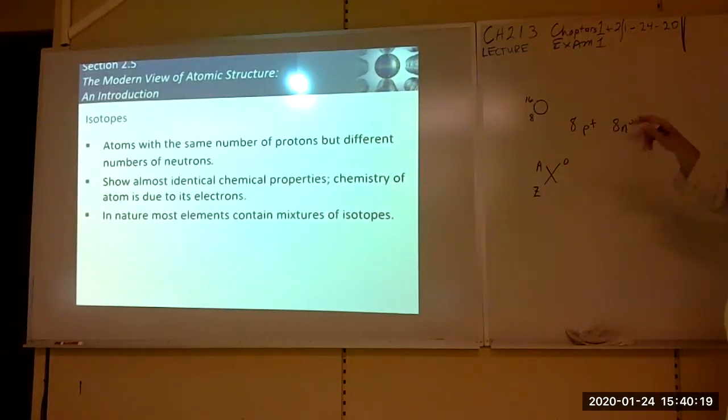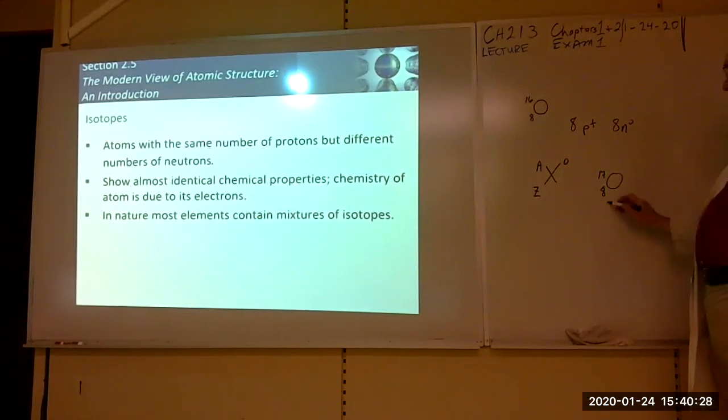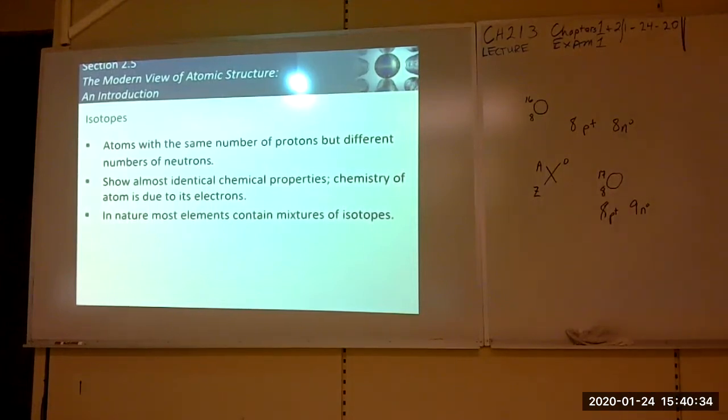Occasionally, you might have an extra neutron. So if you have an extra neutron, there, now you have 8 protons and 9 neutrons. Chemically, they behave exactly alike.